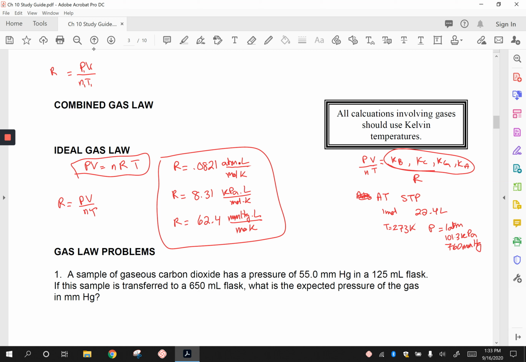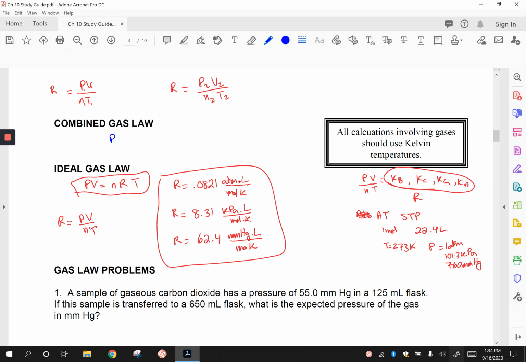Well, the new pressure, volume, amount, and temperature also give me R. So I could set those equal to each other because they're equal to R. I could say P1 V1 over N1 T1 is equal to P2 V2 over N2 T2. And that is called the combined gas law.